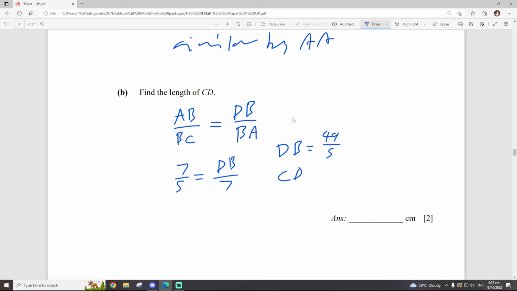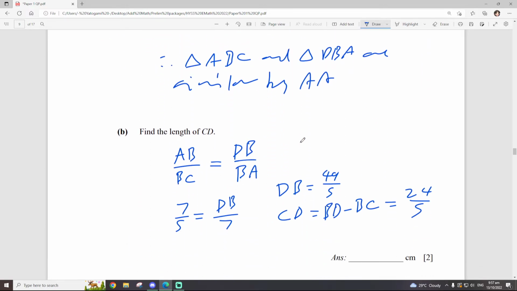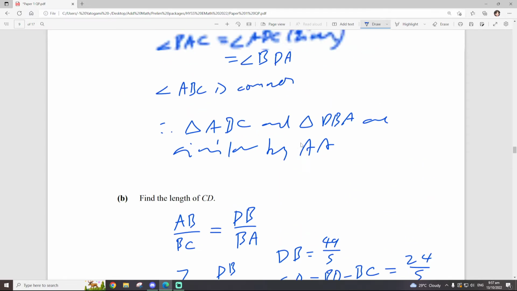And we know CD is BD minus BC, right? So that's 49 over 5 minus 5, which is 24 over 5. Yeah. Okay. So you can leave your answer as 24 over 5. You can put it in decimal also. In decimal should be 4.8.